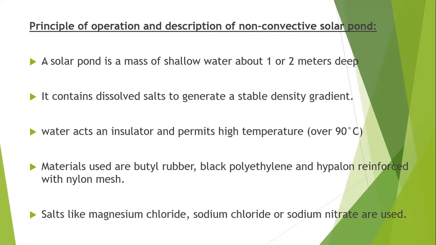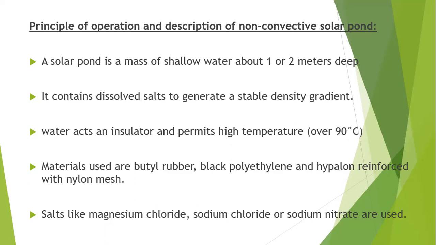At the bottom of the pond, a thick durable plastic liner is laid. This thick plastic layer is made with butyl rubber, black polythene and hypalon reinforced with nylon mesh. These are the materials used for the liner at the bottom of the pond.